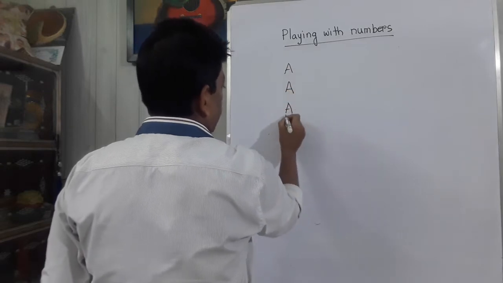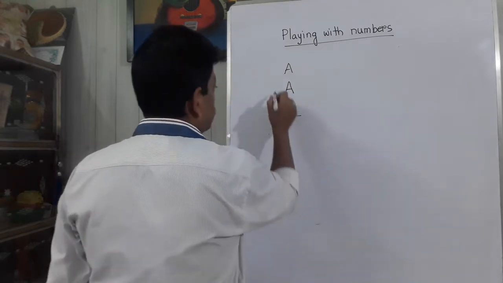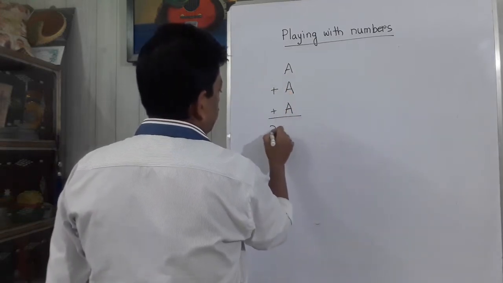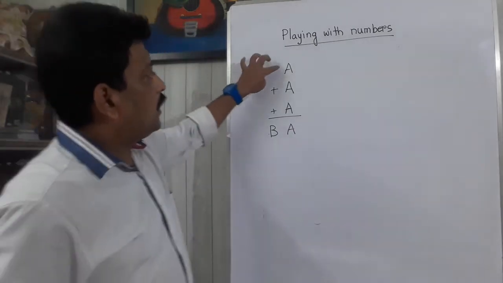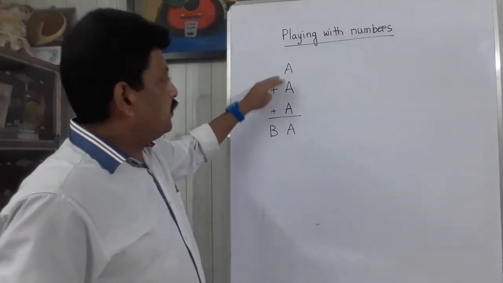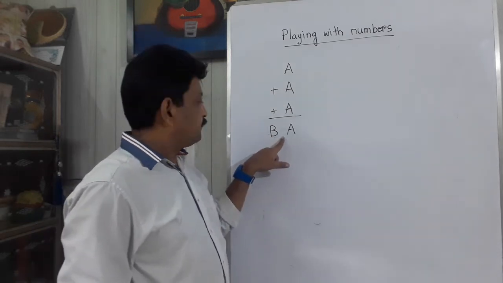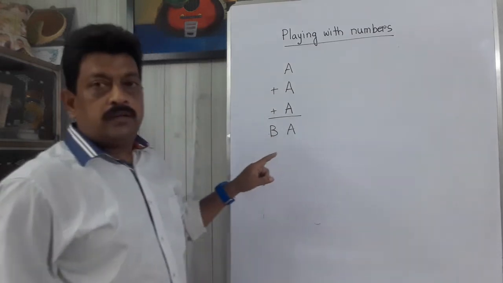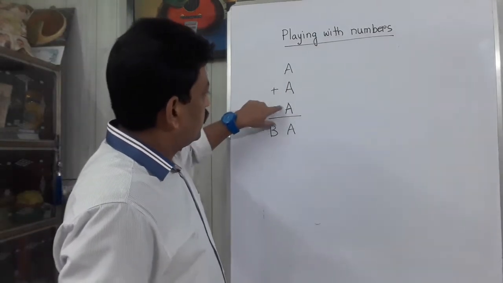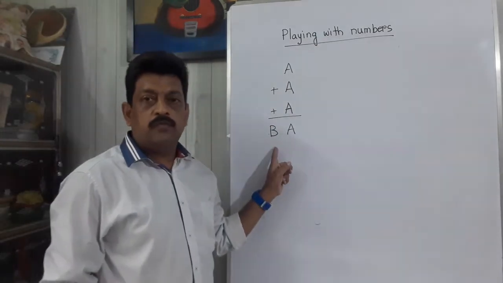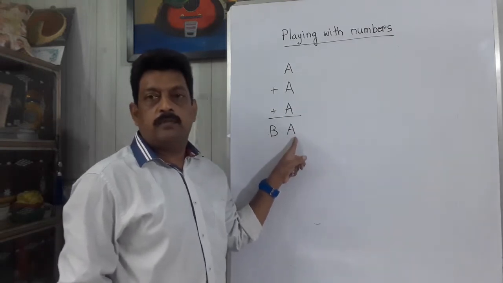A all are to be added so that their answer is BA. Means all are the same number, they are to be added and we have to get the result as BA. Means the number which I have to put here will be same and the sum obtained will have the same number at the unit place.